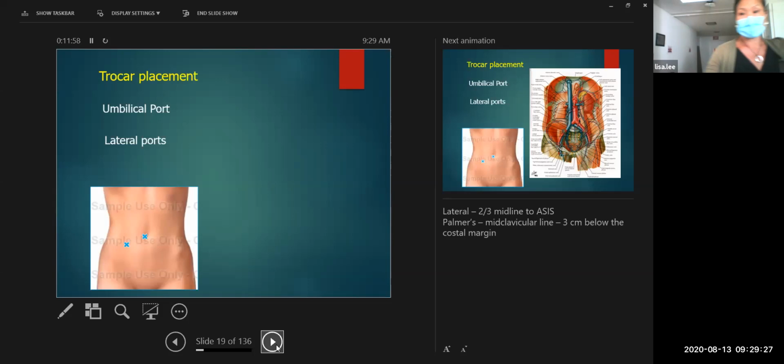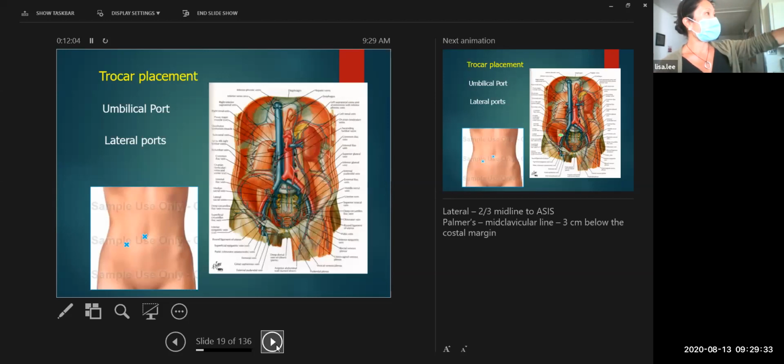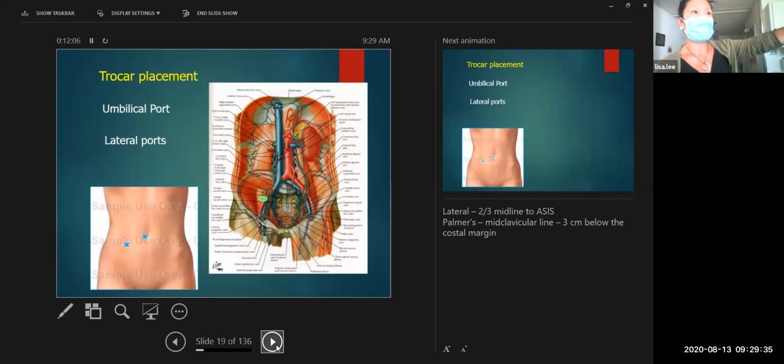But this is the way gynecology classically tells you to put it. And the thing that's important to realize about what's under it is your external iliac vessels. So if you go in that place, just be aware that's where your external iliac vessels are. So that's why we start with the umbilicus, we insufflate the belly, and then we go, because you don't want to be in those vessels either.